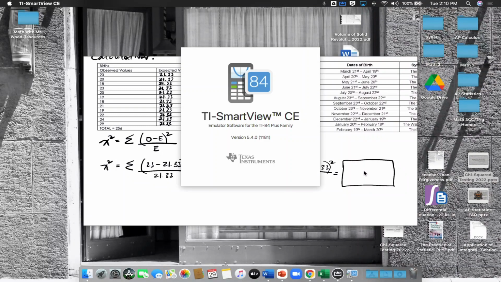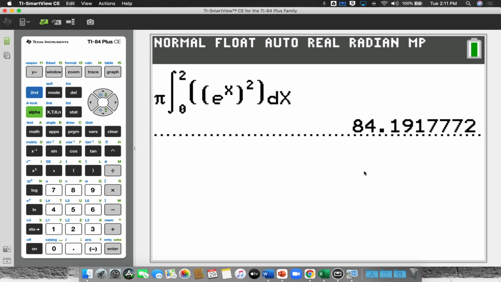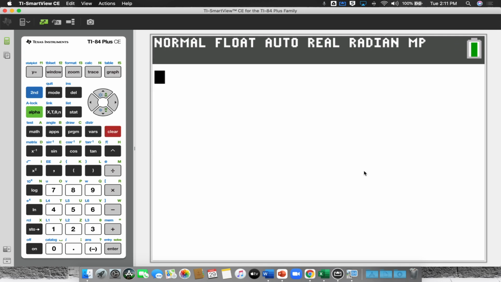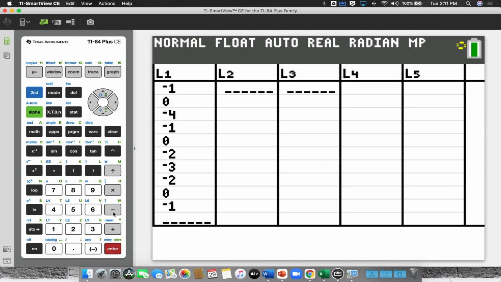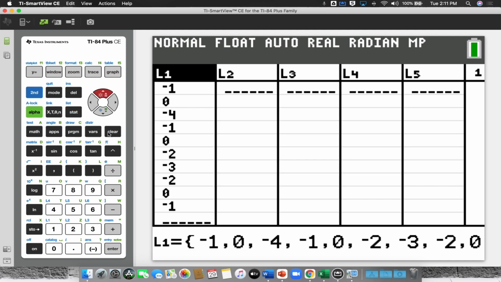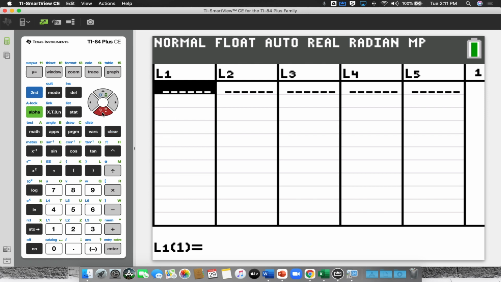When we go to the calculator, first thing we're going to have to do is make lists. One is observed, one is expected. So let's go make a list. So 23, 2018. 23, 2019.